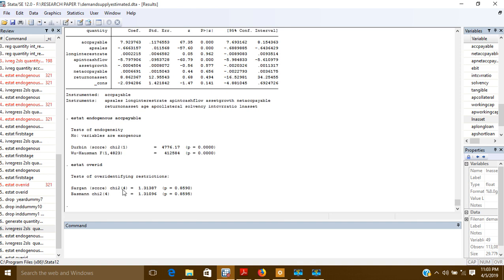Here we have Sargan chi-square, which is 0.8590, and Basmann chi-square, which is 0.8595.